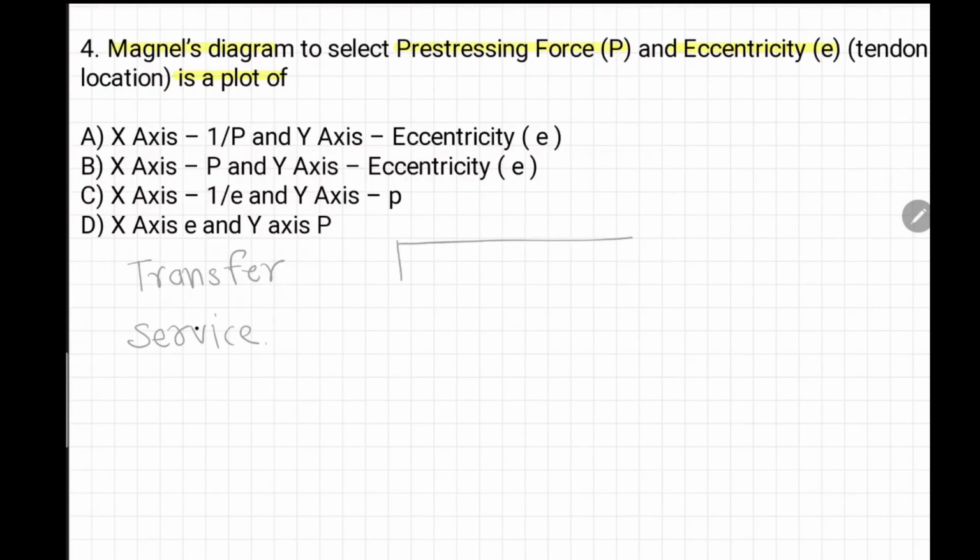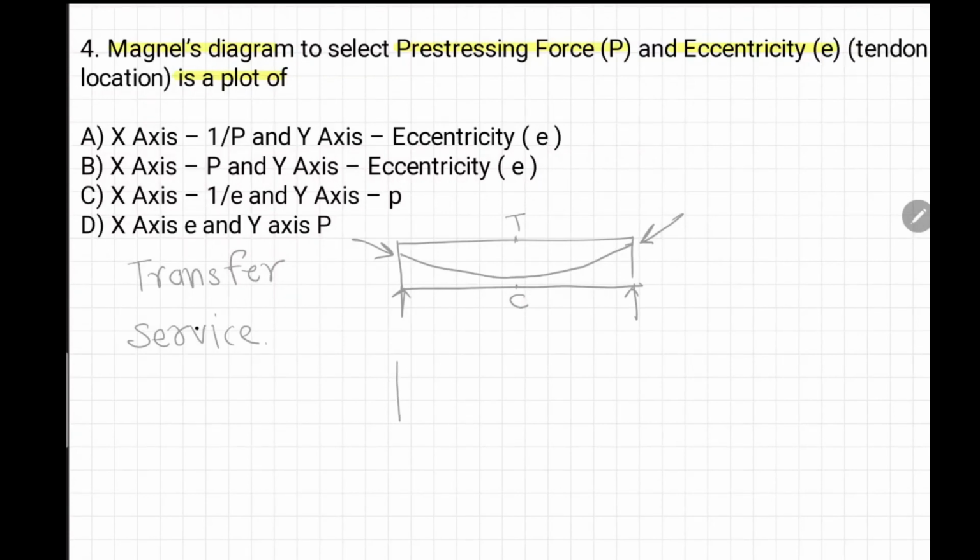If I have a simply supported beam with parabolic profile, when we transfer pre-stress force, at transfer we are generating compression below, tension top. So we have to ensure the tensile stress is not exceeding the acceptable limit, and the compression stress is also not more than the acceptable limit.